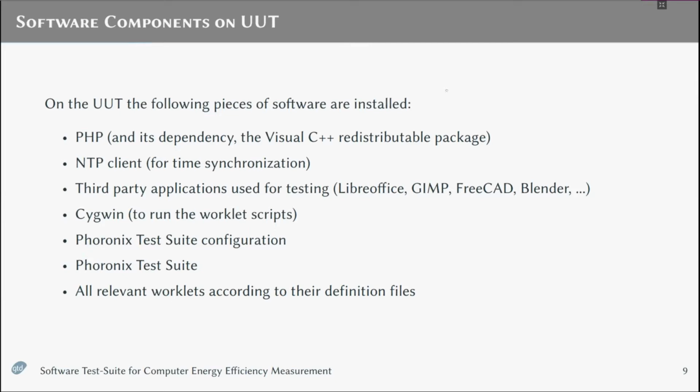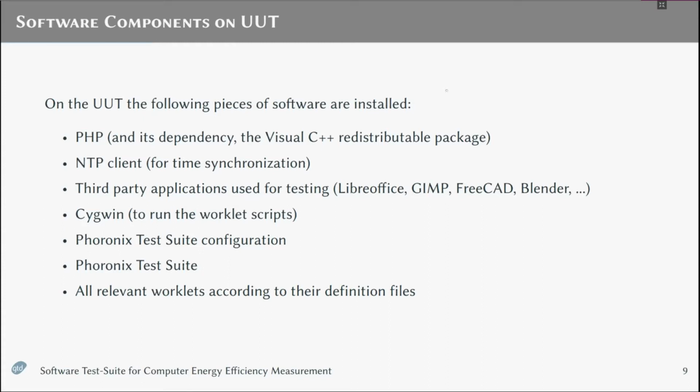On the other side, the UUT, the unit under test, is the computer that we are actually testing. It also runs PHP and its dependencies. In this case, also an NTP client to synchronize the time of this computer with that of the controller PC. Of course, third-party applications used for the worklets are required, like Firefox, LibreOffice, GIMP, and some others.